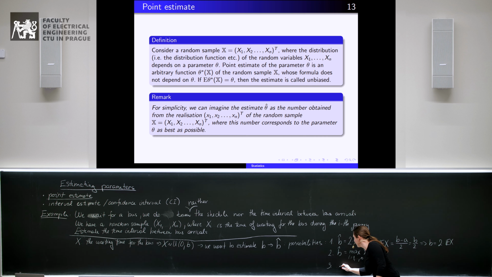Or we can make some other ideas. So there are many, many possibilities for how we can think about the estimate. And when we make this estimate, we want to verify whether it is unbiased.